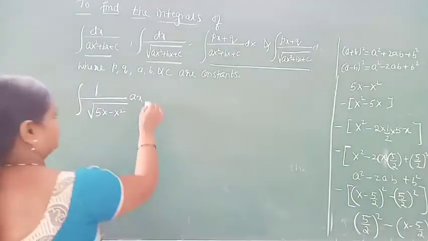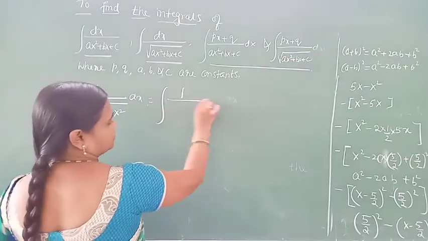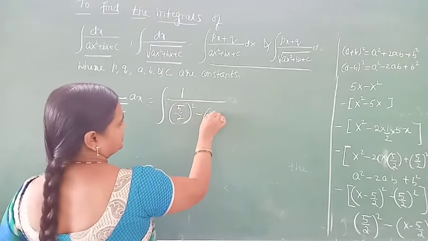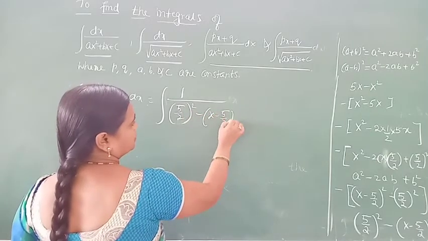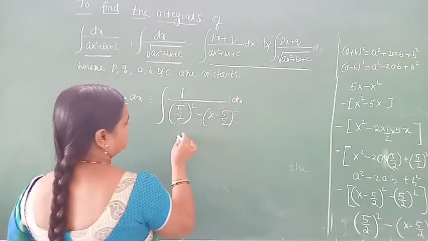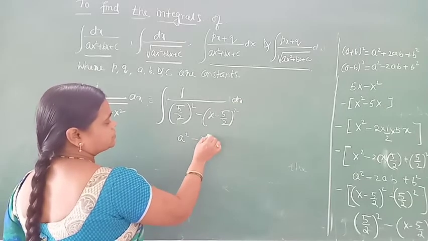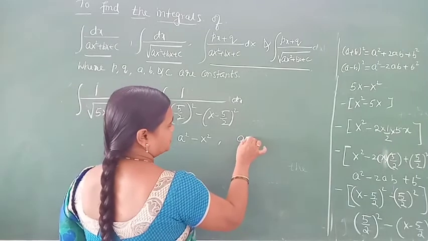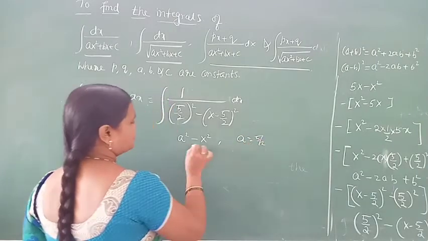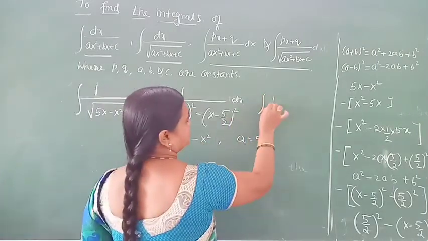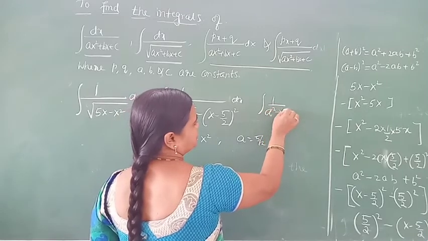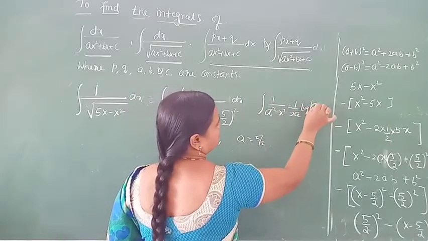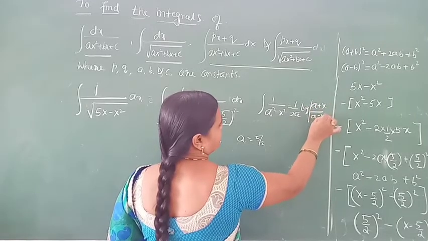This we will get in the form of integration of 1 divided by 5 by 2 the whole square minus x minus 5 by 2 the whole square dx. Means this is exactly in the form of a square minus x square. What is your a here? a is 5 by 2. And we have the formula for 1 divided by a square minus x square: 1 by 2a log of modulus of a plus x by a minus x.